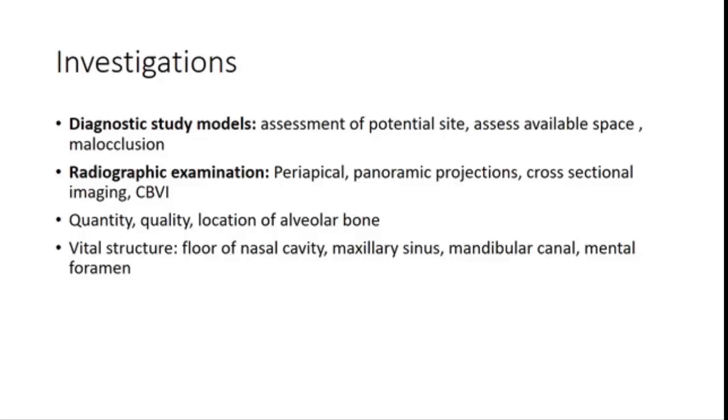What are the basic investigations you have to go for? In general, you should remember diagnostic study models for assessment of the potential size, assess the available space, malocclusion, interocclusal space.